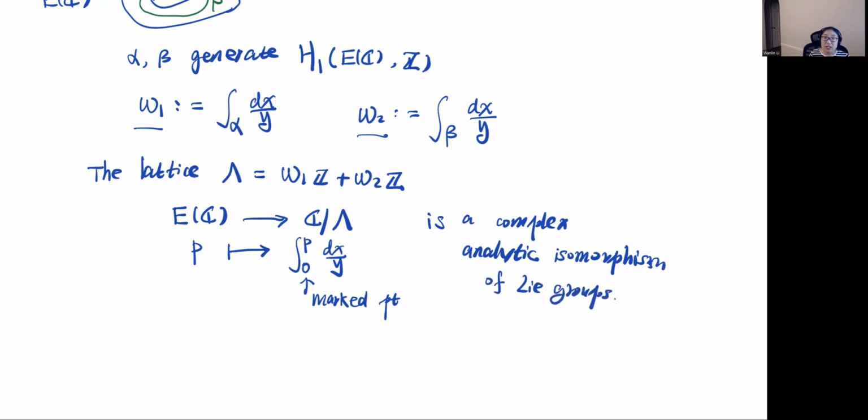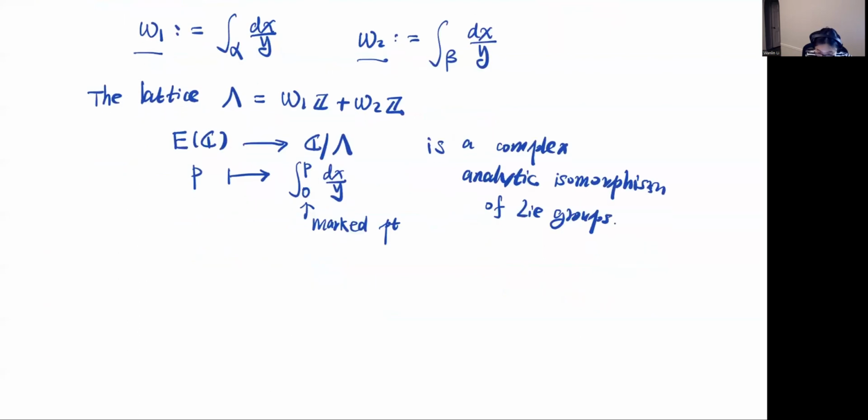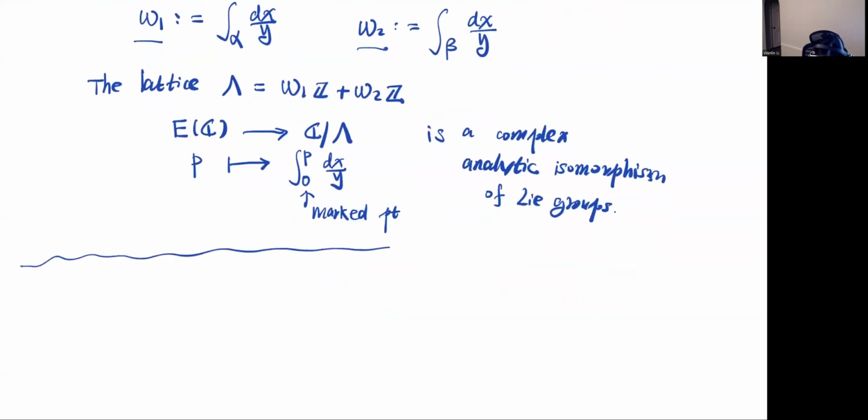Okay, so this is how we essentially identify isomorphism classes of elliptic curves defined over the complex numbers with lattices Lambda inside the complex plane up to homothety. Okay, great. This is what we want to talk about, which is elliptic curves defined over the complex numbers.